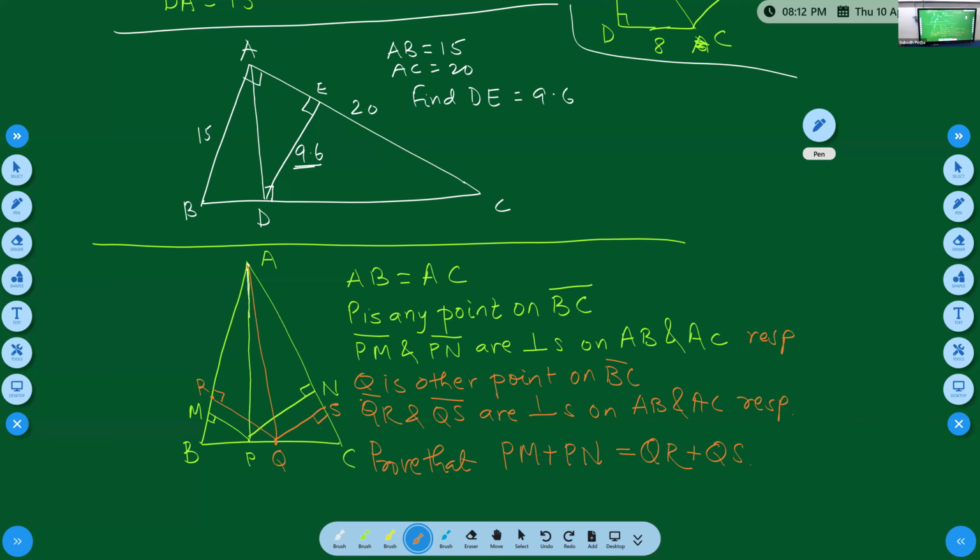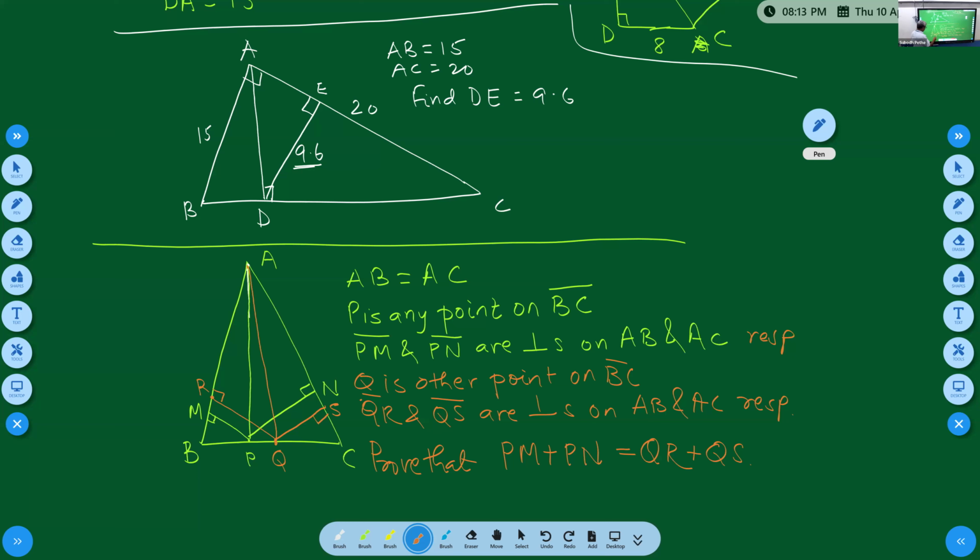Total area is going to be equal. But your methods of finding will be different, therefore an identity. Area will go away from calculations, only the identity will remain. And the identity is PM plus PN is equal to QR plus QS.